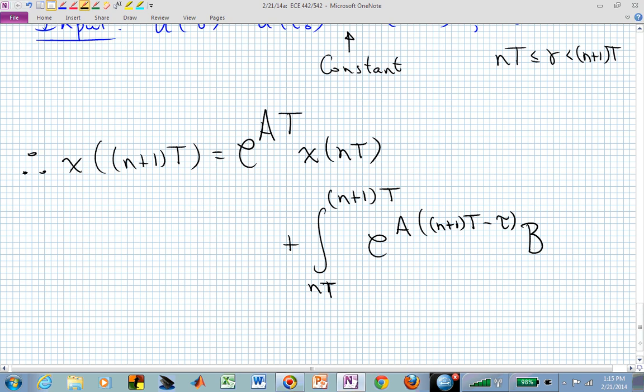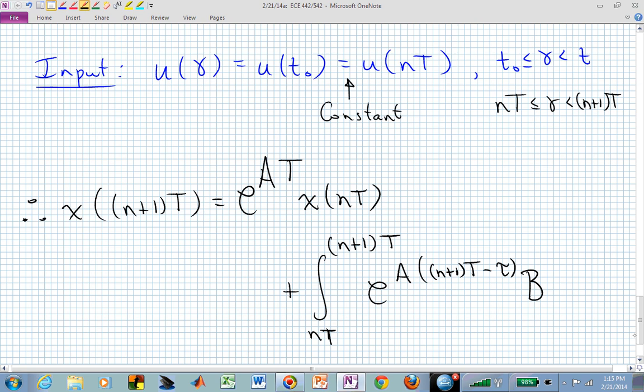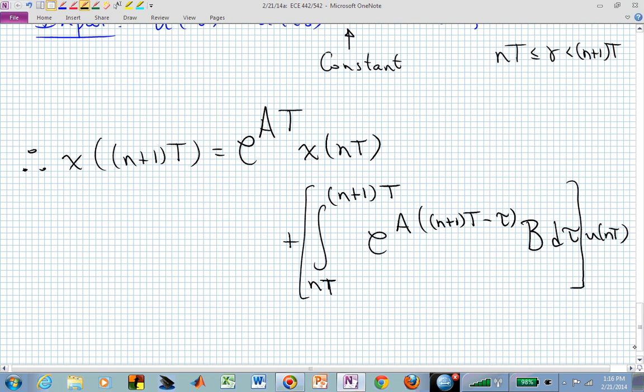And now remember, we were going to assume our input was constant between little nT and the quantity little n plus 1 times capital T, which means that we can actually factor that input outside the integral because it's not a function of the variable of integration. We now have this particular piece all multiplying the input u at the beginning instant of our sample period.